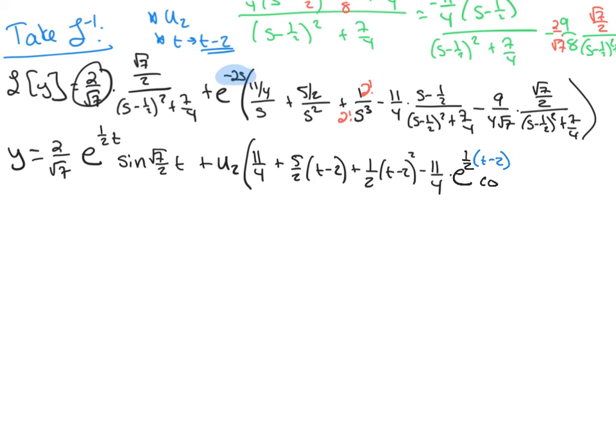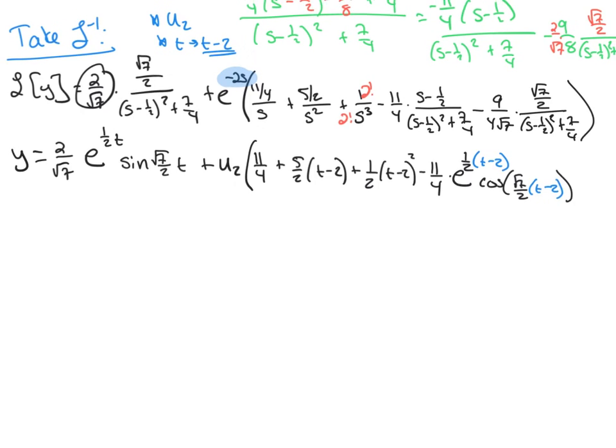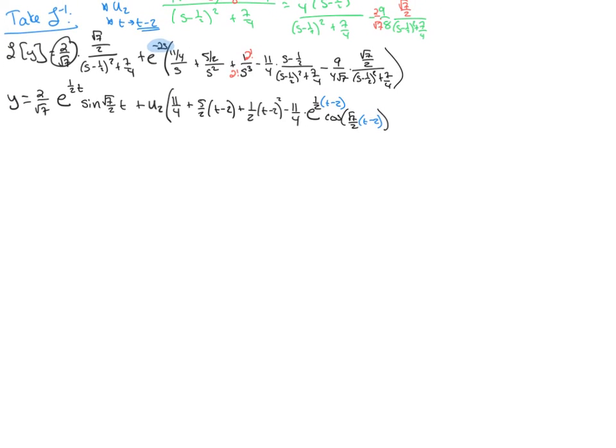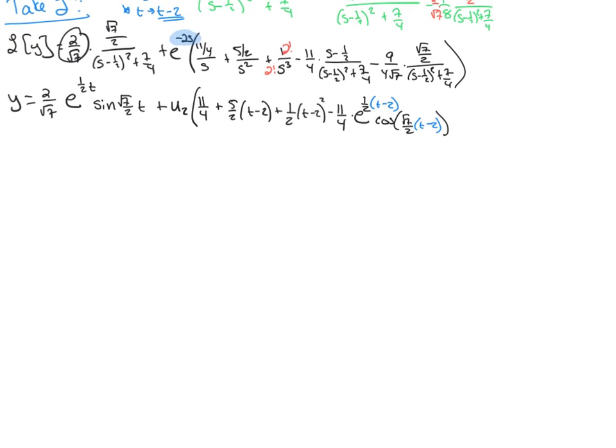Times cosine of root 7 over 2, and I want to put a t, but I need t minus 2. Okay. Don't have room for my sine, so I think I can zoom out. Hold please while I adjust.